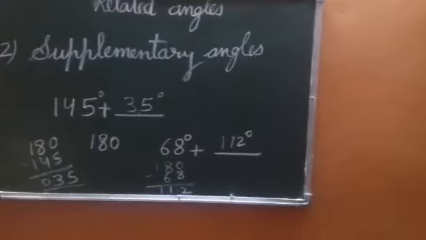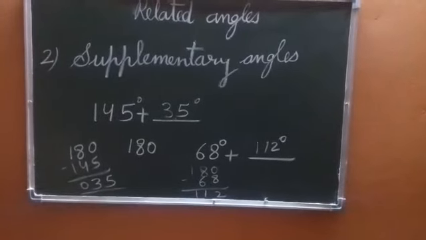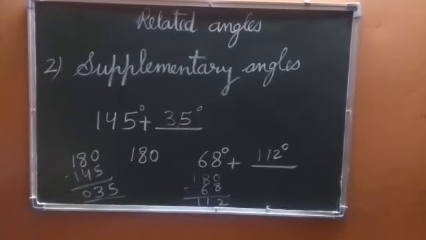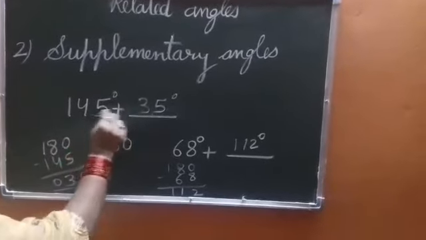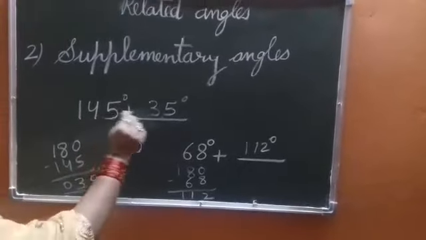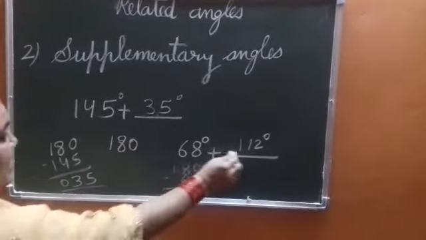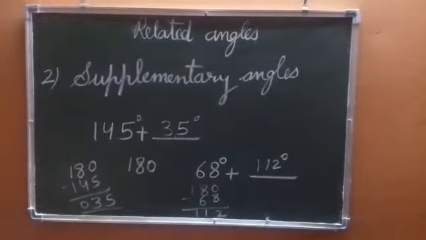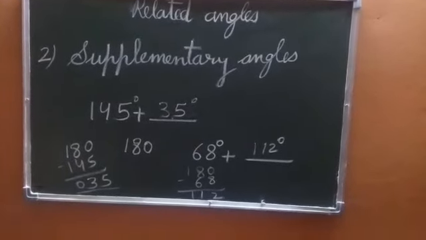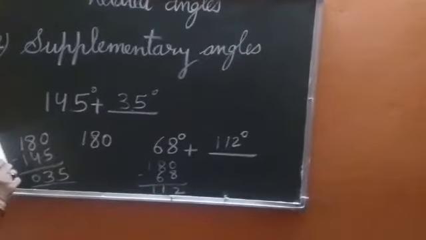So 68 degrees is the supplement of 112 degrees, and 112 degrees is the supplement of 68 degrees. So this is how, when the sum of two angles is equal to 180 degrees, those two angles are called supplementary angles. I hope this concept of supplementary angles is clear to you, children.